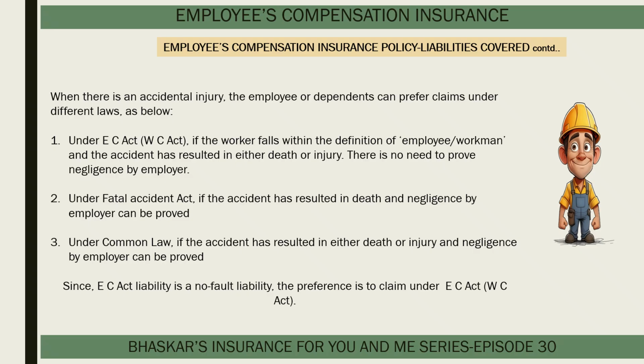Whereas under Fatal Accident Act, the claim can be preferred if the accident has resulted in death and negligence by the employer can be proved. The claim can be preferred under common law if the accident has resulted in either death or injury and negligence by the employer can be proved.